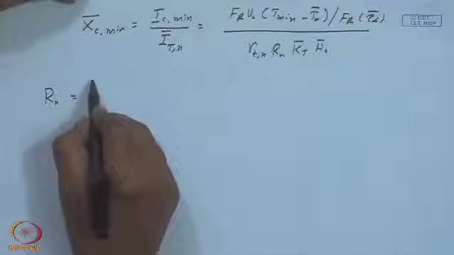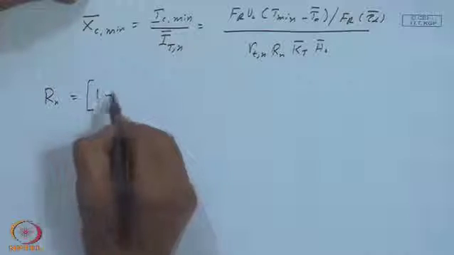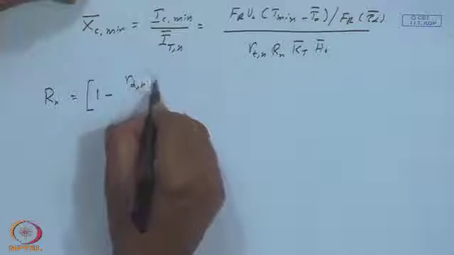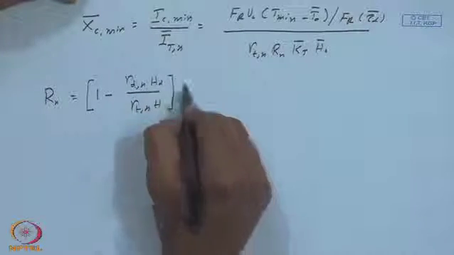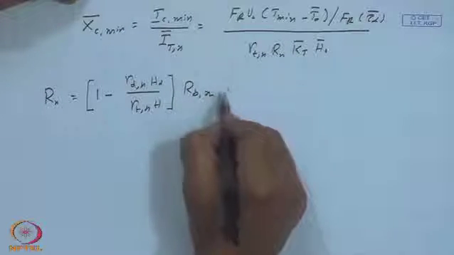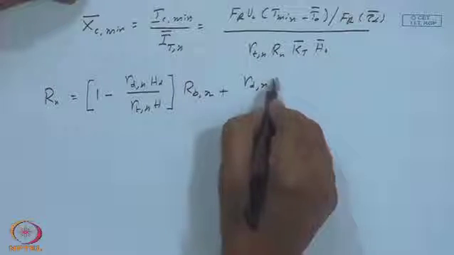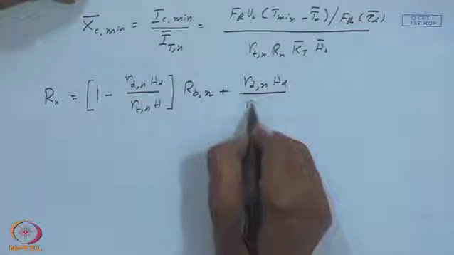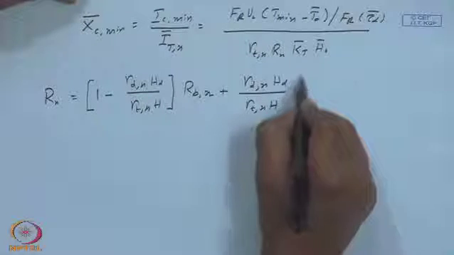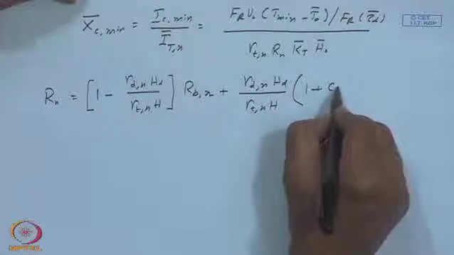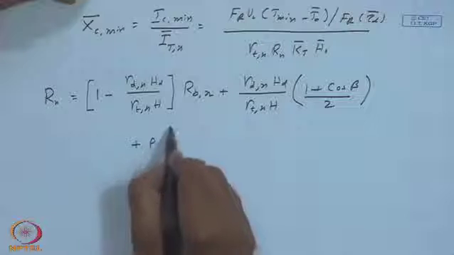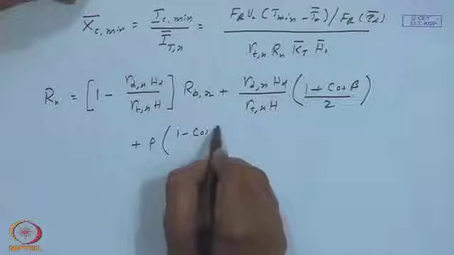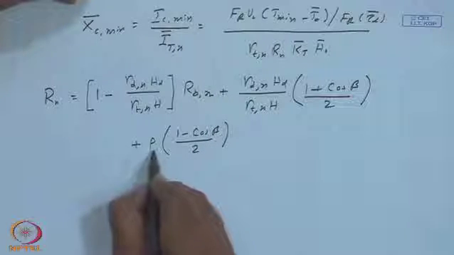Now, to be complete, for Rn we will once again use the RT and Rn correlations: 1 minus Rdn Hd upon RTn H, Rb at the noon time, plus Rd noon by Hd by RTn H times 1 plus cos beta by 2, plus rho into 1 minus cos beta by 2. This you may call rho g.